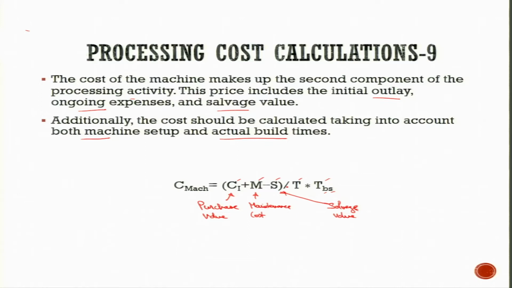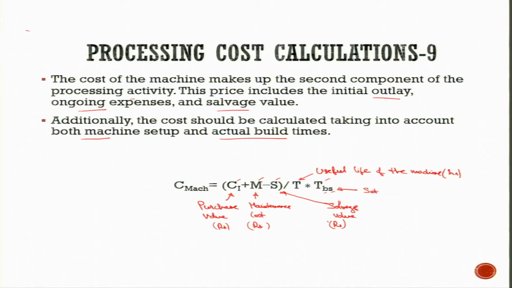This whole is divided by the total useful life of the machine, that is again in hours. These all are in rupees. This is also multiplied by the time required to build the setup.